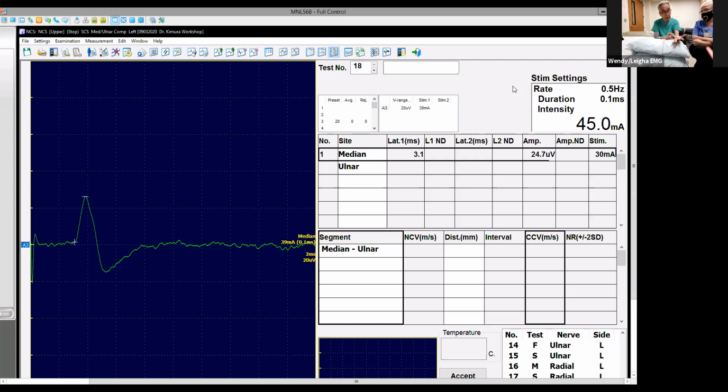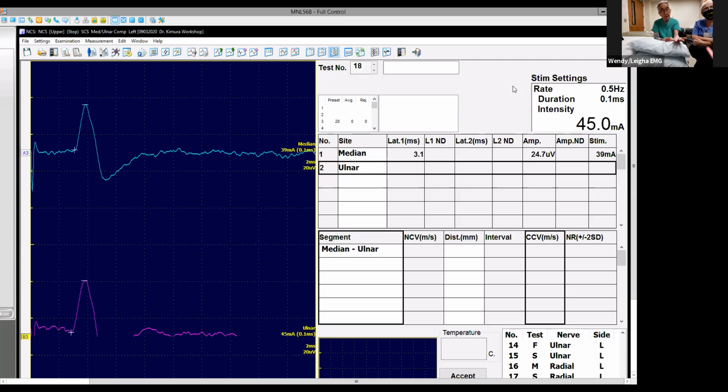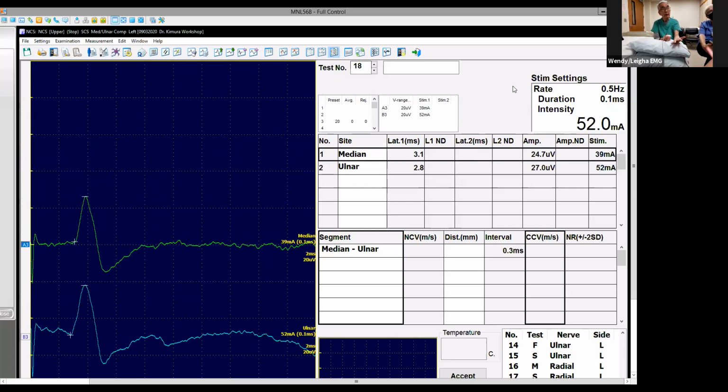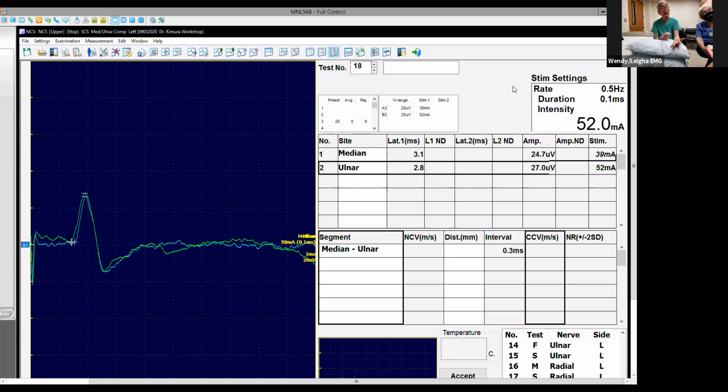And you measure the same distance and compare to the ulnar nerve. And this is the ulnar nerve. And if you put them together, the latency is exactly the same. And therefore, this is a normal response. All right?